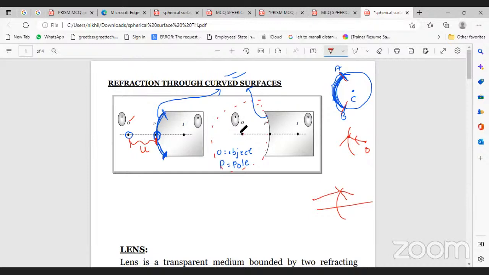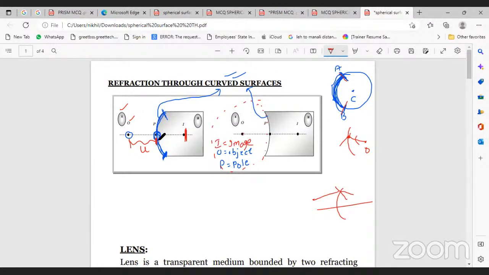So in both mediums, the refraction can take place. If the object is placed in the first medium, the image will be formed in the other medium. So what does I represent here?